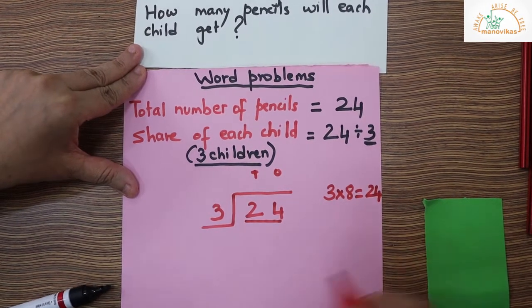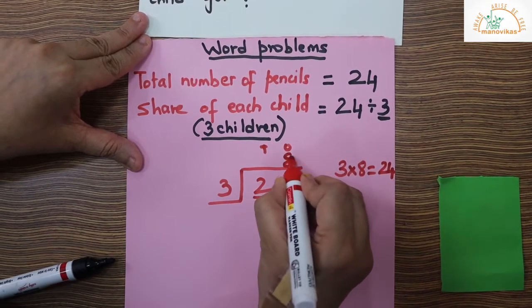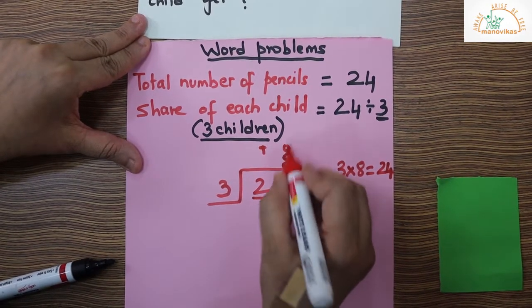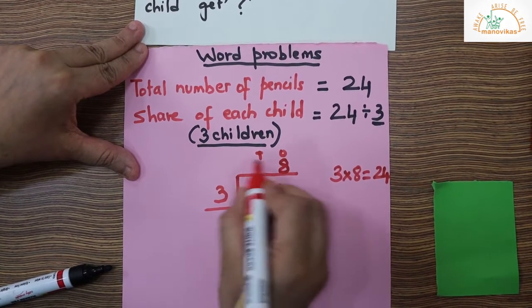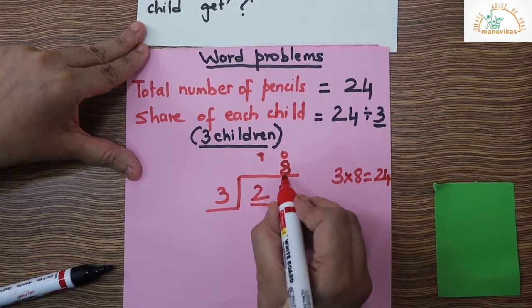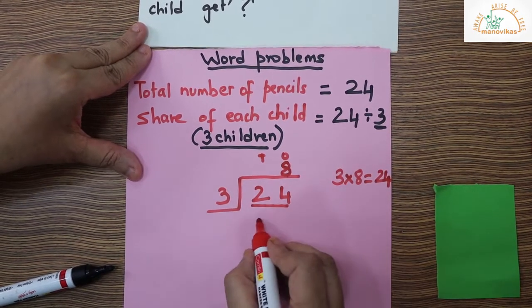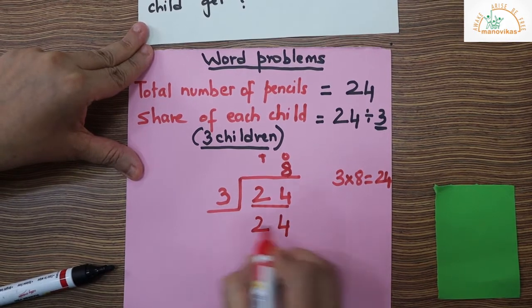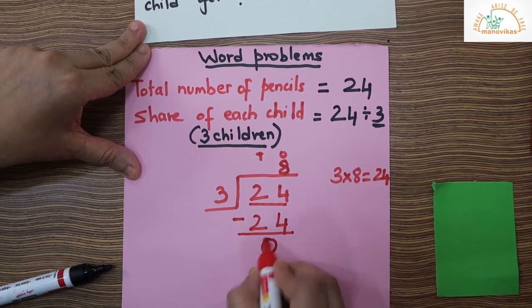So what is the answer you will write? You will write 8. And you are going to write it in the ones place and not in the tens place. You leave this place blank and then write it in the ones place. 3 8s are 24, minus, and the remainder is 0.